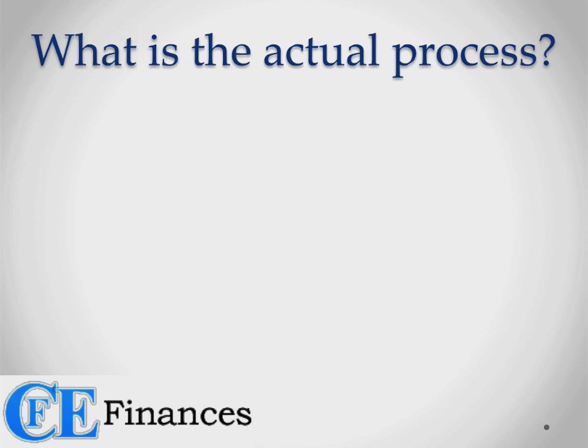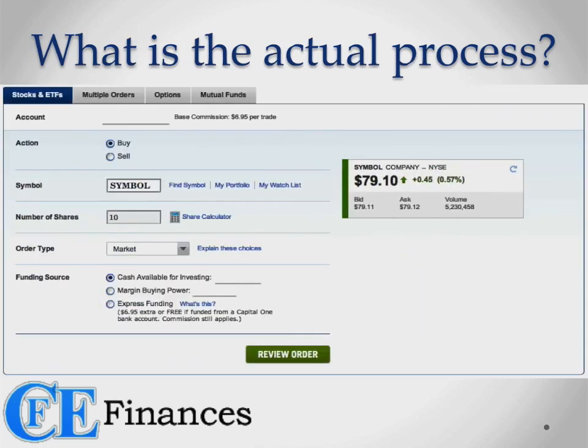And the best way of teaching this is to show you an actual screenshot of a ShareBuilder brokerage account trading page. So essentially, these are all the options that you will have when you want to buy. So the first thing you want to do is choose the action, because then that will dictate what shows up on the screen.